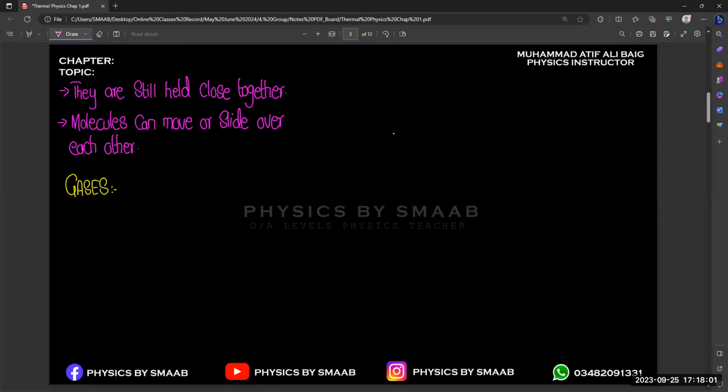And finally, if we shortly talk about the gases, in gases, molecules have more energy as compared to the liquid to move in random directions at high speed, so they can easily overcome the intermolecular forces.